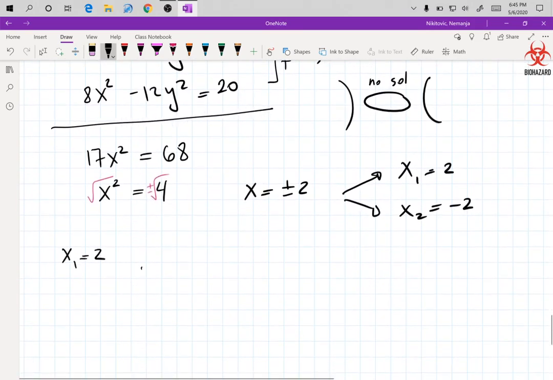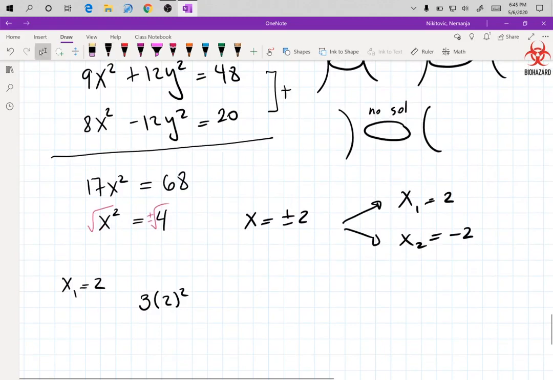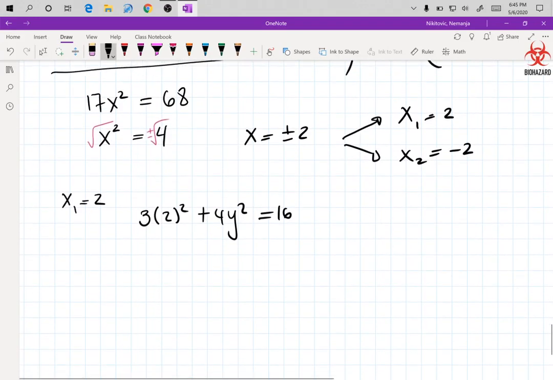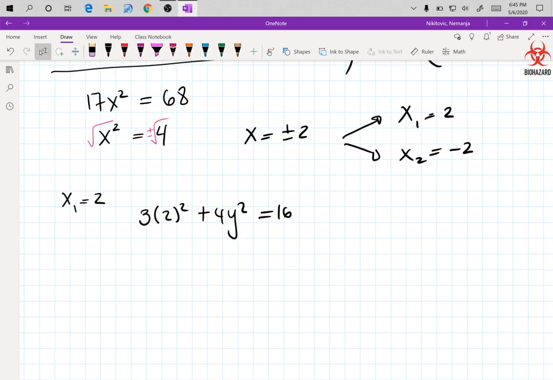You have 3 times 2 squared plus 4y squared equals 16. Solve that. That's 12 plus 4y squared equals 16. That's 4y squared equals 4, right? 16 minus 12 to combine like terms. y squared equals 1.